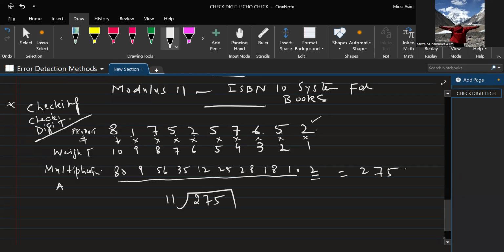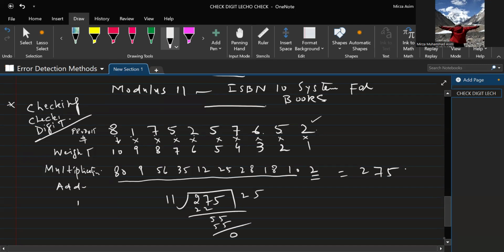After multiplication, we added the numbers, and it is equal to 275. Then next is division. 11 twos are 22. Okay, 55. 11 fives are 55, right?